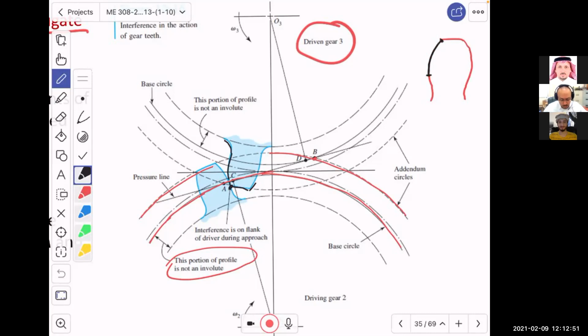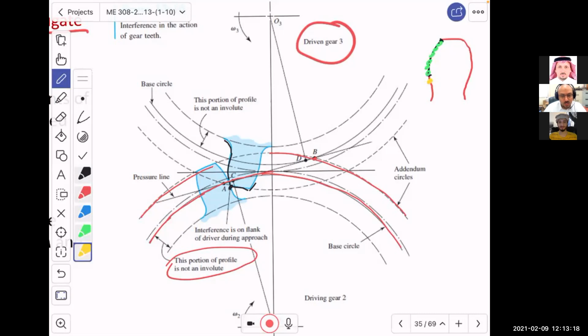That is possible, and you don't care as far as the contacts are happening right there, as we saw with the gear moving. Why should we care? But if for any reason the contact reached this point over there, that's not an involute.